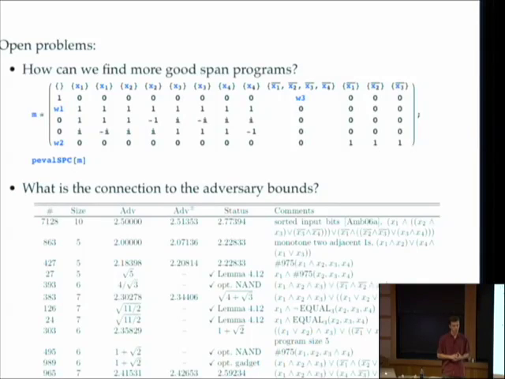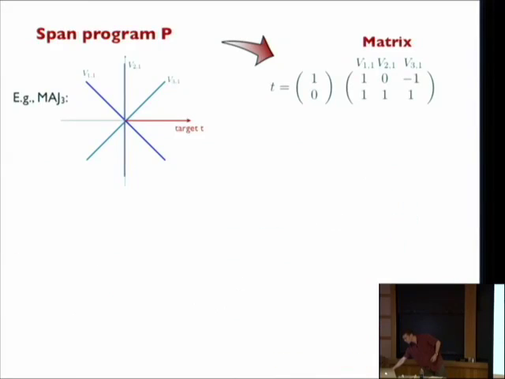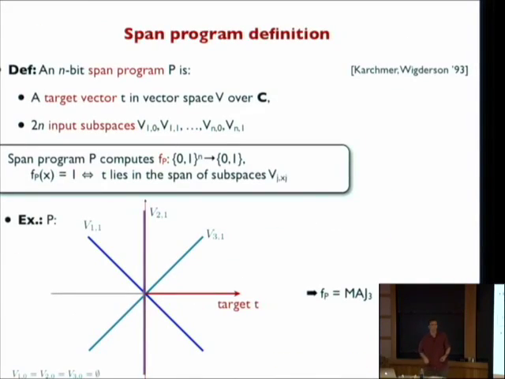Could you go back to the first slide where you define the span program again? Yeah. So this did not talk about what the dimension of the space was. Right, so you just said that there is some abstract space somewhere, and you have these subspaces. I guess you can show that you don't need more than the sum of dimensions for that.